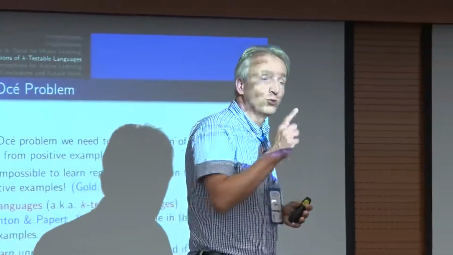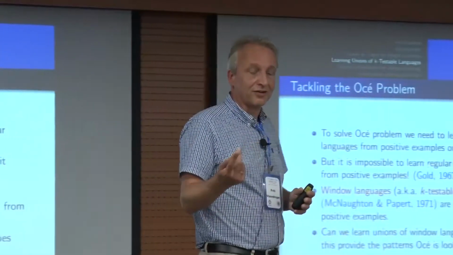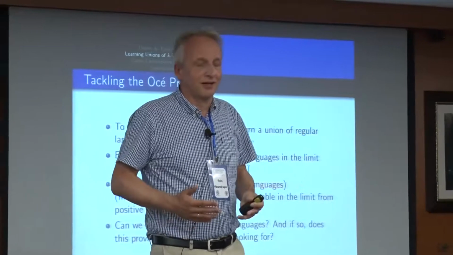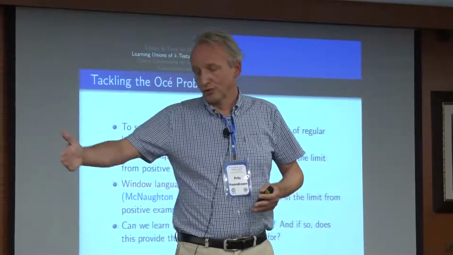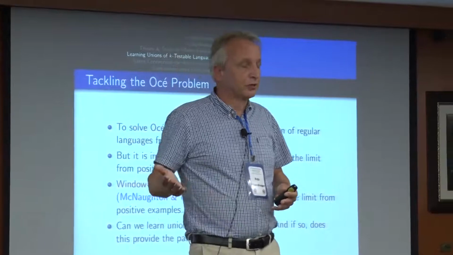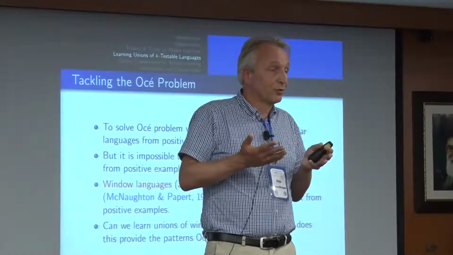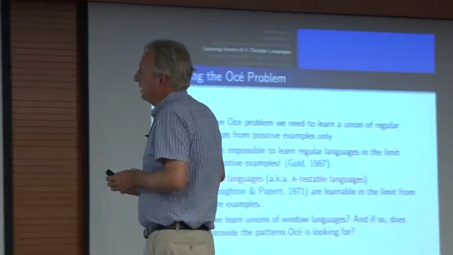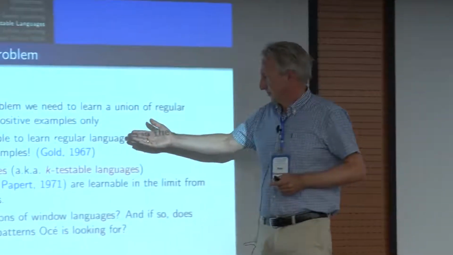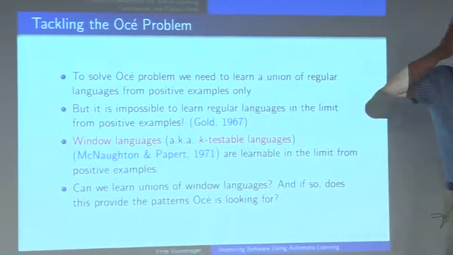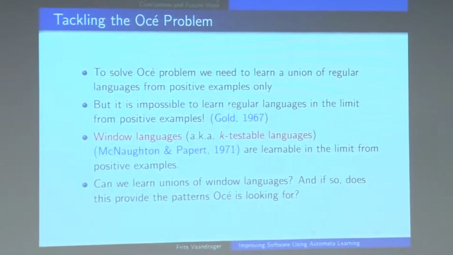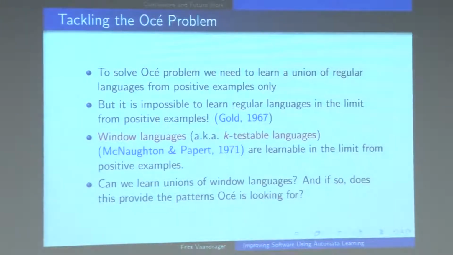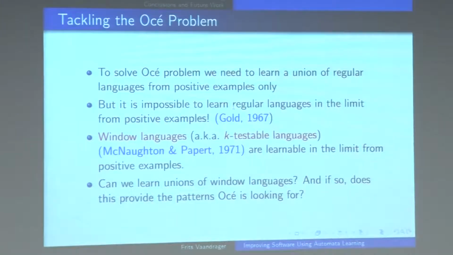It's a regular language, 2 words, A and AA, and you build an automaton, and that's it. This continues, and of course you will get new automata all the time, which are all incorrect because maybe the language is A star. So the task which OC gave us is basically unsolvable. We cannot learn regular languages in the limit, let alone unions of regular languages.